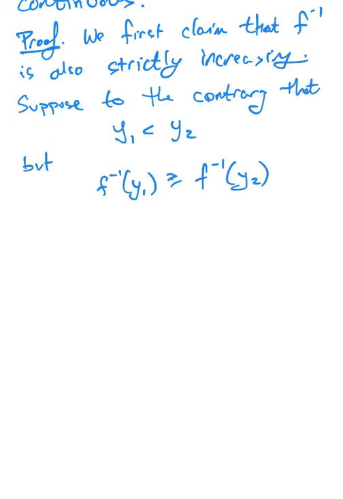I'm going to call them y1 and y2 because they're in the domain of the inverse, so they're in the range of the function. You have y1, say, before y2, but then f inverse maps y1 to something that's greater than or equal to what it maps y2 to. Okay, that's the negation of strictly increasing.